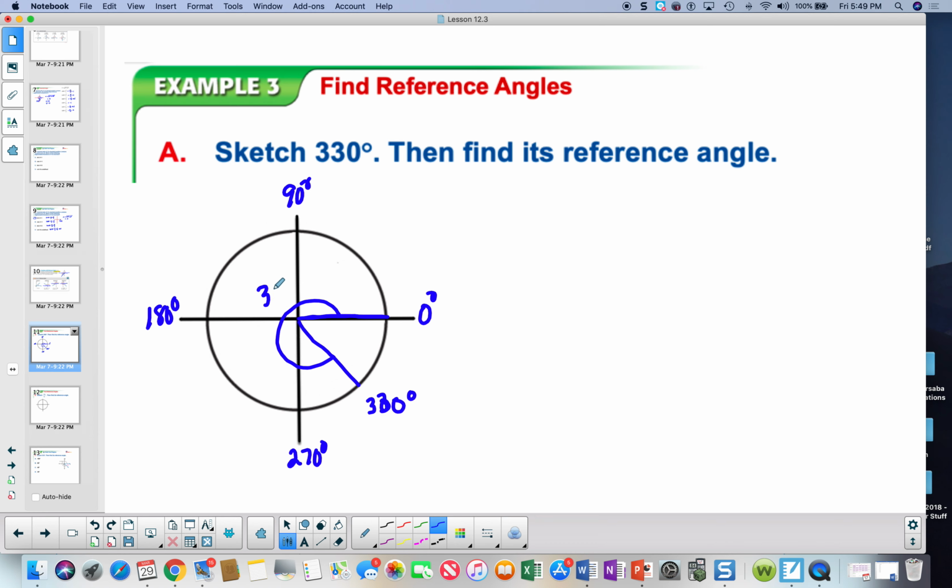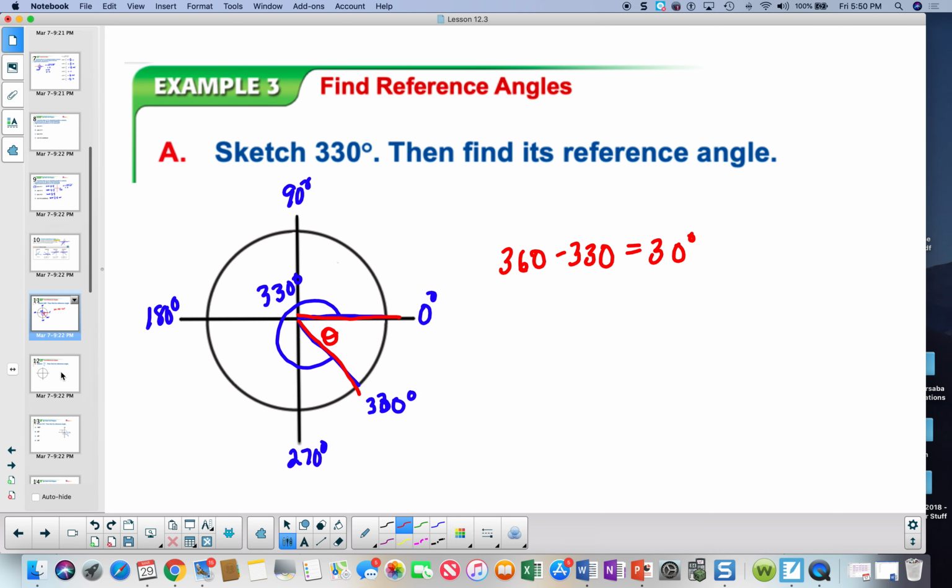Now, to find the reference angle, that's this angle right here, made with the x-axis and the terminal side. To figure out that angle, we'll take 360 degrees, take away 330, and that angle will be 30 degrees. So we say this reference angle is 30, and we always use a positive number.